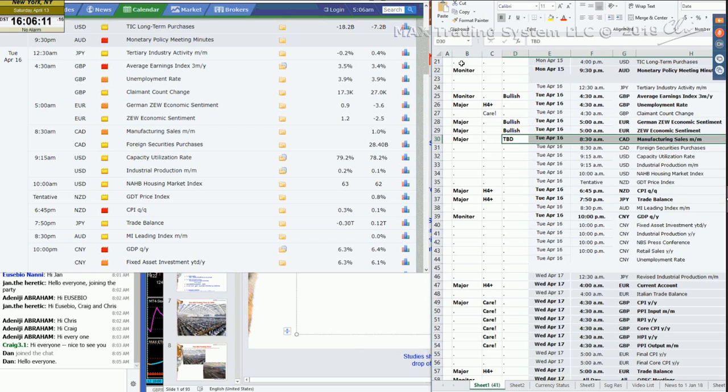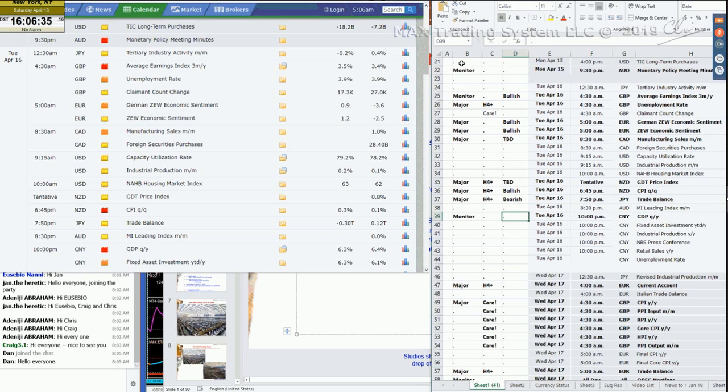Then we have the Kiwi GDT price index, major higher time frames to be defined. Then we have the CPI quarter over quarter, major higher time frames bullish. We have the yen trade balance, major higher time frames bearish.